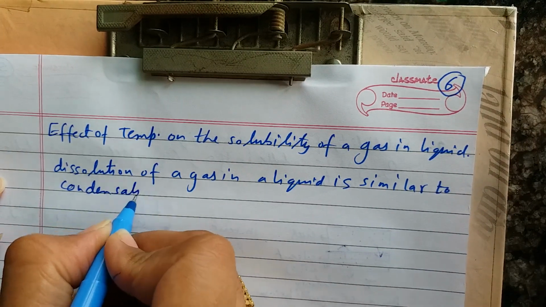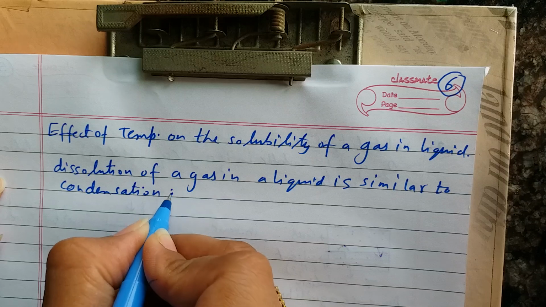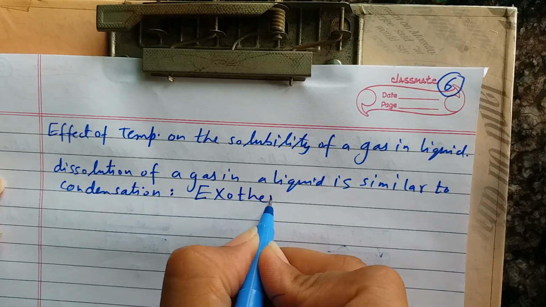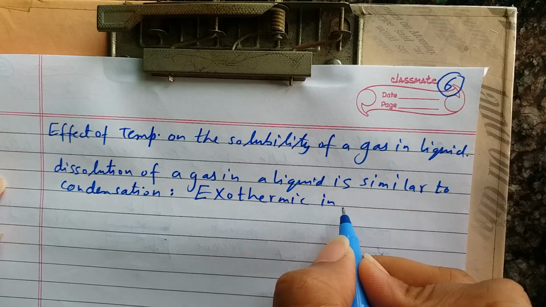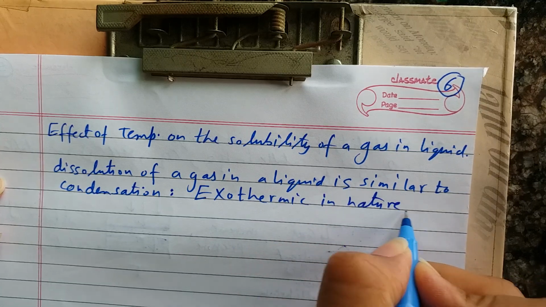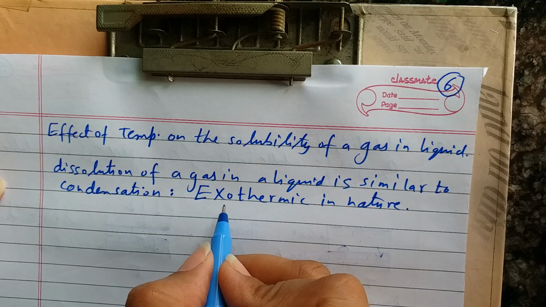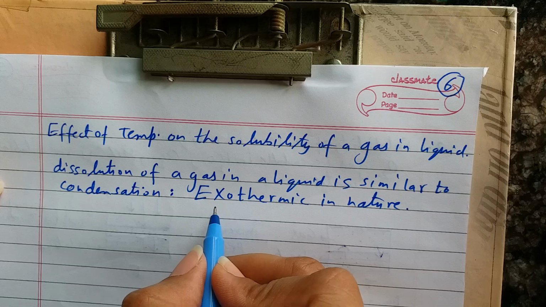When a gas dissolves in a liquid, the process is very similar to condensation, and it is found to be exothermic in nature. Now, if you apply Le Chatelier's principle, exothermic processes in which heat is released are favored at a low temperature and they are not favored at a high temperature, right?